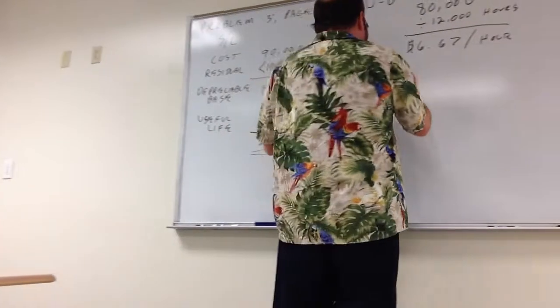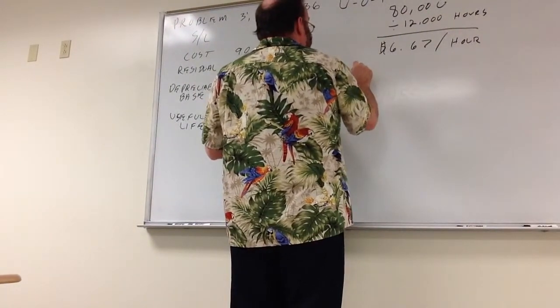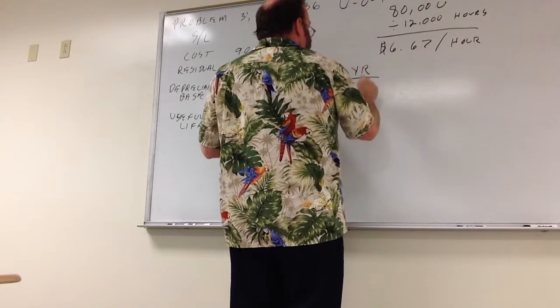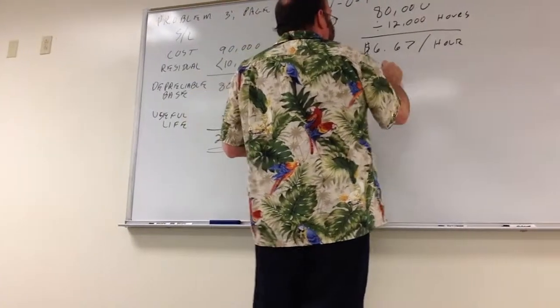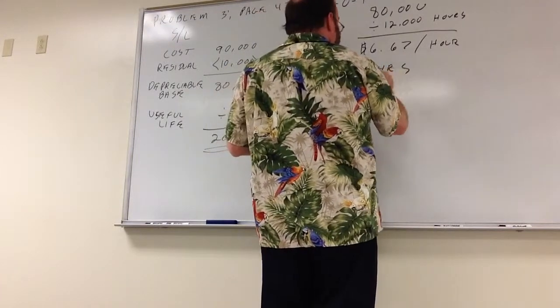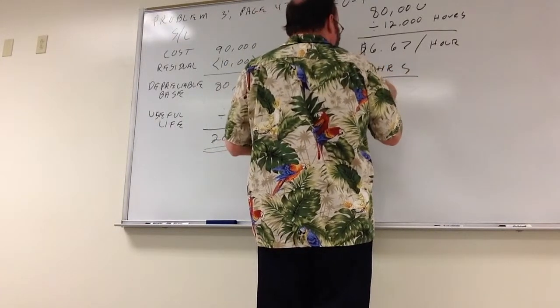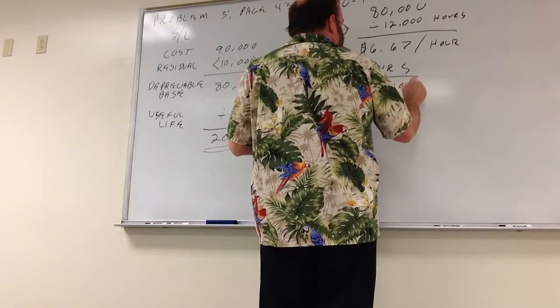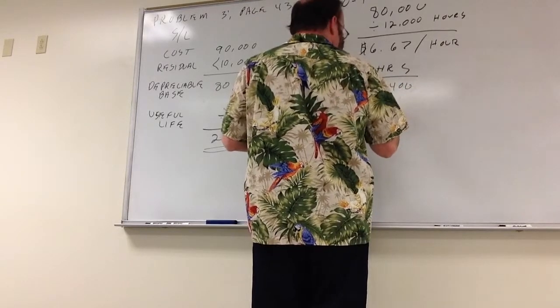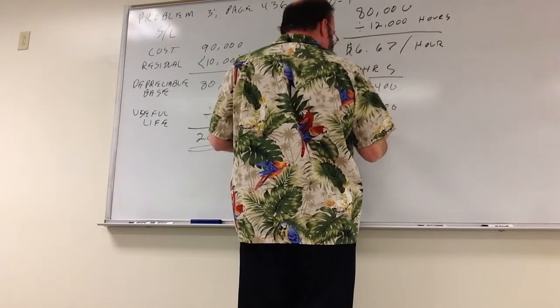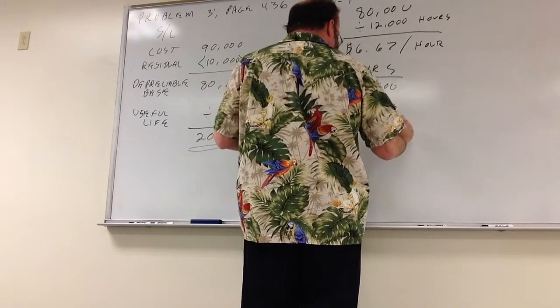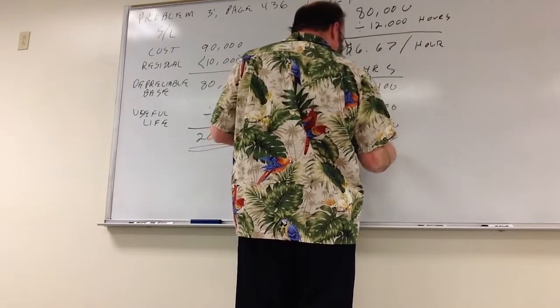At that point, you just take years 1, 2, 3, and 4. The number of hours in each of those was 2,400 in year 1, 3,600 in year 2, 4,800 in year 3, and 1,200 in year 4.